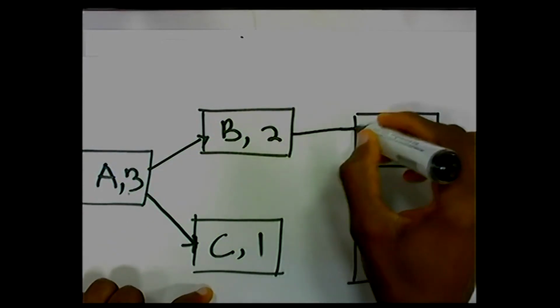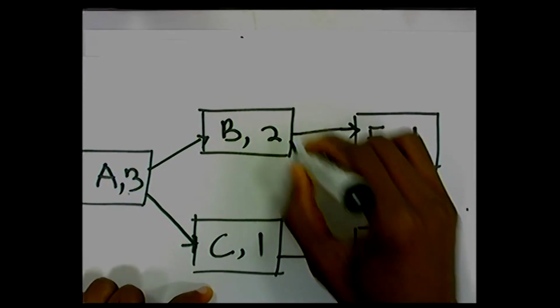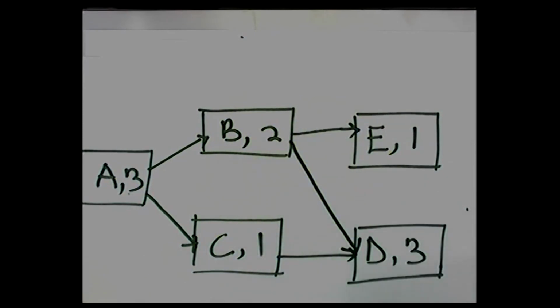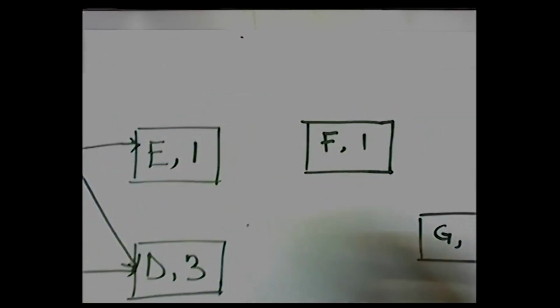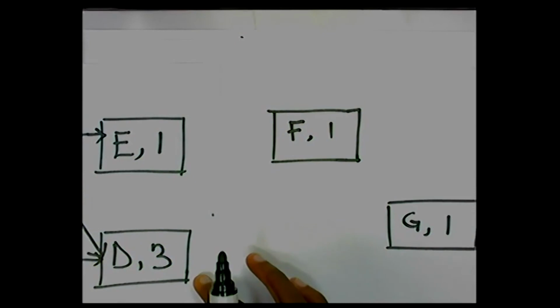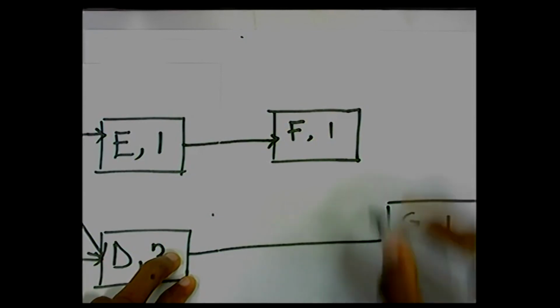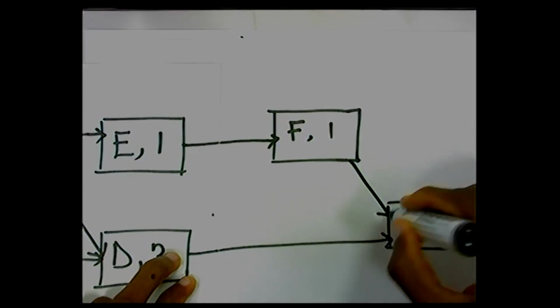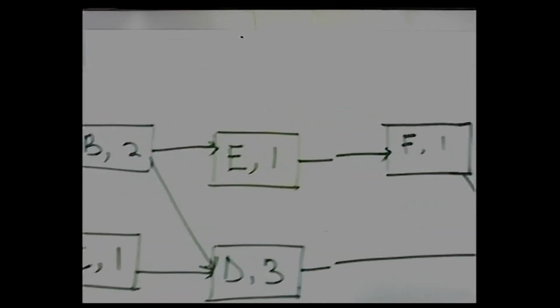Now you get to see F and G again. And I'll just connect this one here, and this one here, and this one here. We are done. This is how our diagram looks in full.